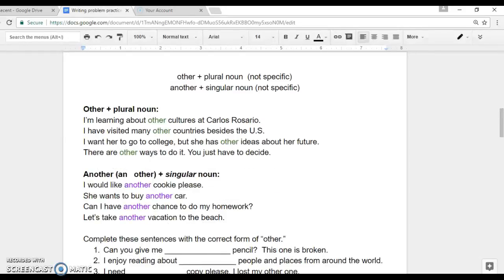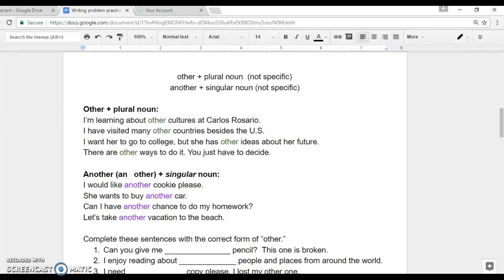All right, here's the next situation that I see problems with all the time in your writing, and that is the difference between other and another. So in both of these cases, other and another, we're talking about something that's not specific. Okay? And this can work for both plural and then singular nouns.